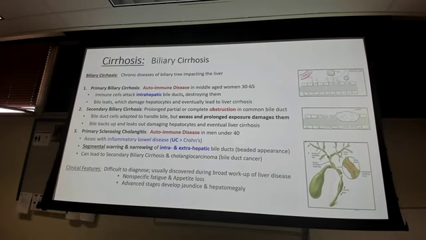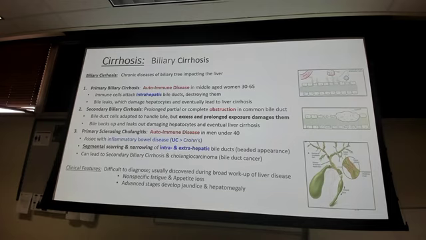Like I said, it's a detergent, and it can break down those bile ducts if it just sits there. So when something is blocking it and the bile is just sitting there, it can destroy those cells and cause a backup. That bile is going to back up, exit the bile duct, get into the liver, and cause liver damage. The liver is going to be inflamed and fibrotic as it tries to repair itself, and then you're going to get cirrhosis that way.